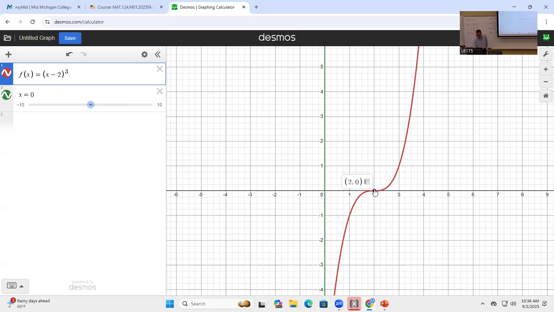But reflecting through the origin means that, for instance, this 1, negative 1, that point would have to have a matching point of negative 1, 1, which it doesn't.